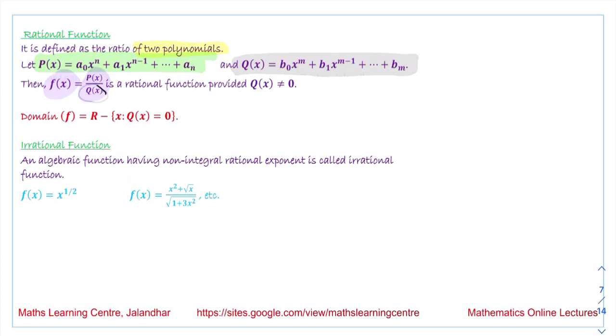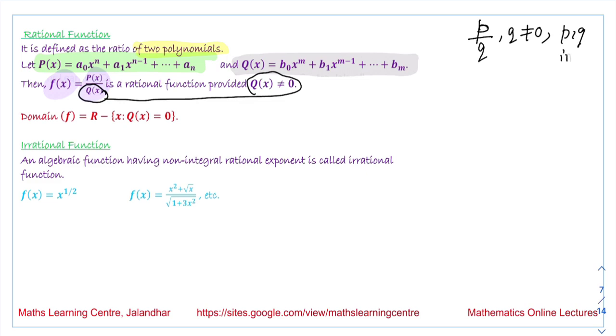Now q(x) is in the denominator, so q(x) should not be equal to 0. This is just like the rational numbers we have defined. A rational number is a number of the form p by q, where q is not equal to 0, and p and q are integers.